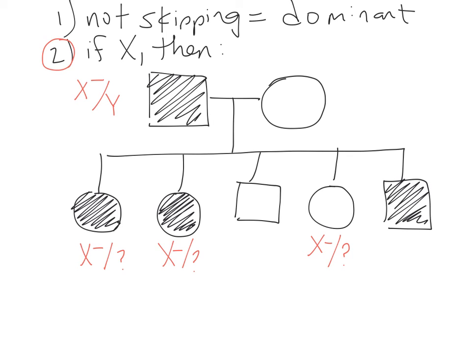But that's just extra work we don't have to do, because what's the problem with this so far? One of the daughters is affected. Right, so daughter 3 doesn't have the trait. So that immediately tells us this is not acting as an X-linked dominant trait. If it was, an affected dad would pass his mutant X chromosome to all of his daughters.